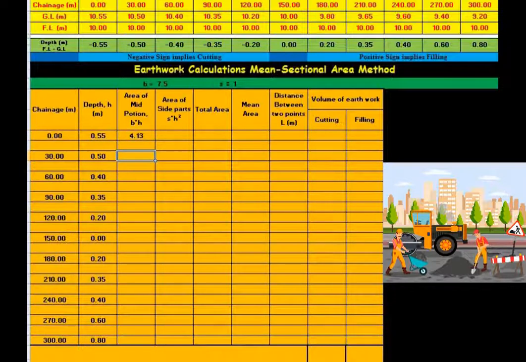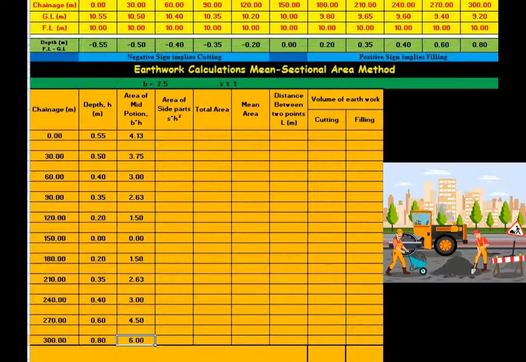Then 0.50 times 7.5 is 3.75. 0.4 times 7.5 is 3. 0.35 times 7.5 is 2.63. 0.2 times 7.5 is 1.5. 0 times 7.5 is 0. 0.2 times 7.5 is 1.50. 0.35 times 7.5 is 2.63. 0.4 times 7.5 is 3. 0.6 times 7.5 is 4.5 and 0.8 times 7.5 is 6.